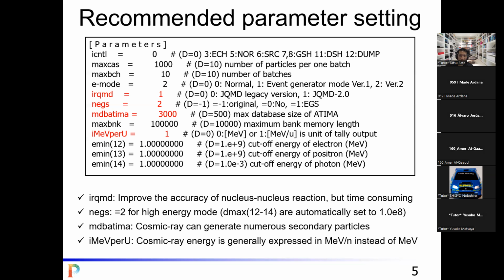In cosmic ray transport simulation, people usually estimate, for example, helium flux or ion flux in units of MeV per U. So we recommend using this setting. Also, this parameter is indispensable when you want to calculate the dose equivalent, as I explain later.